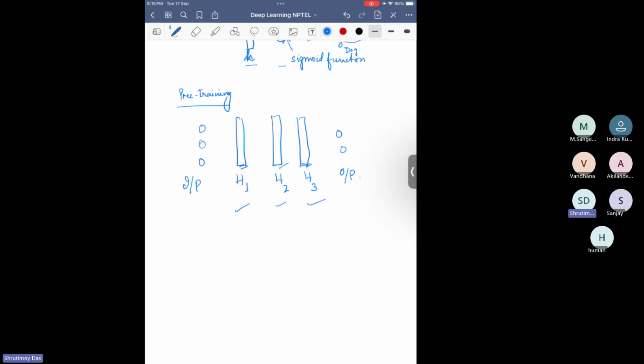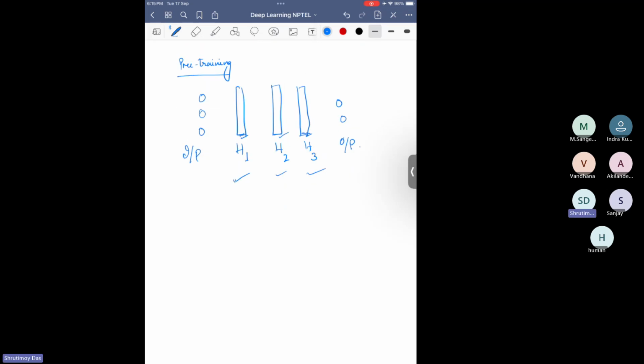So how does that work? For H1 we saw, right? Let me represent input by X. You have your input here, and in the output you also place the same X, and you learn some hidden representation of it.